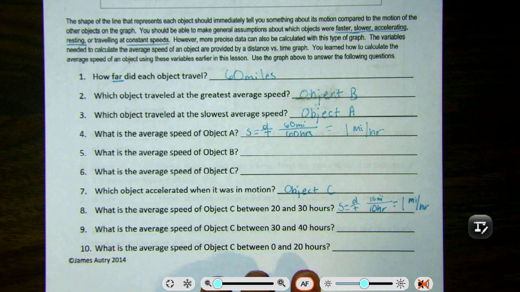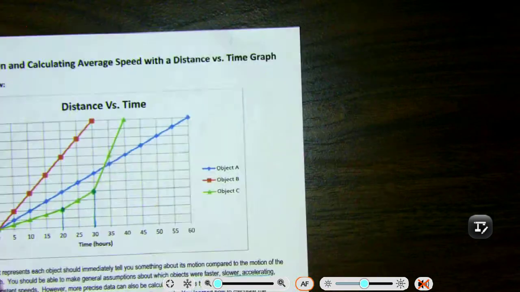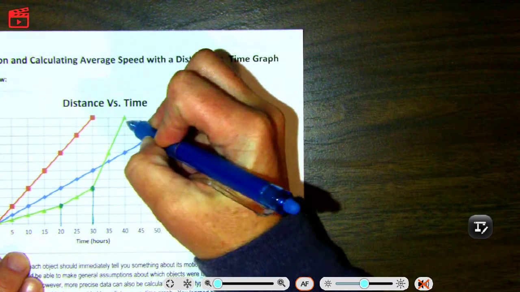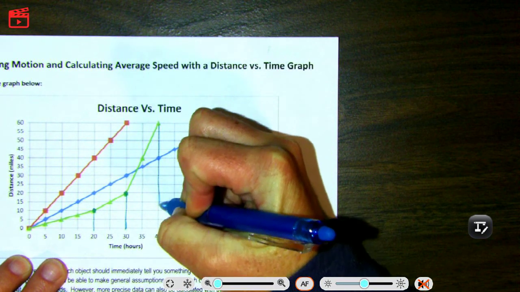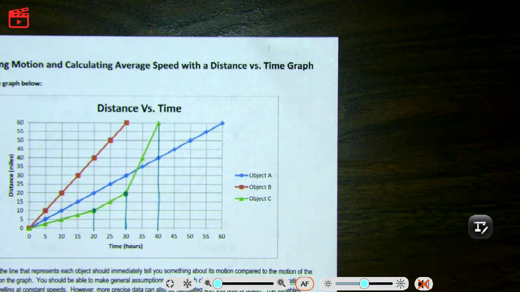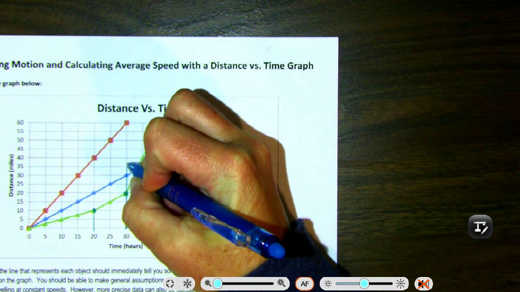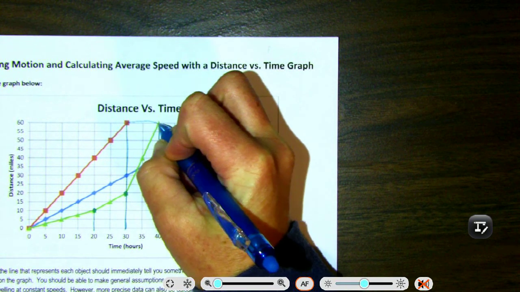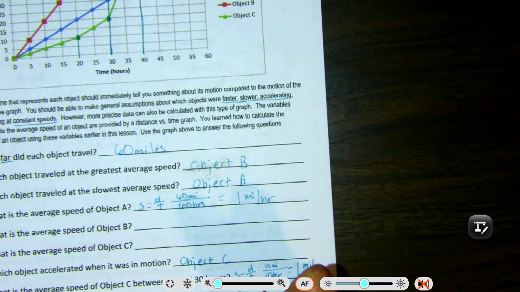All right, so you would do the same exact thing for the next one. It's 30 and 40 hours. So now you would be going from the 30 to 40 hours. And again, you would need total distance. So I was at 20 to 60. 60 minus 20 would be 40. So 40 miles is the total amount of miles I went within that time.